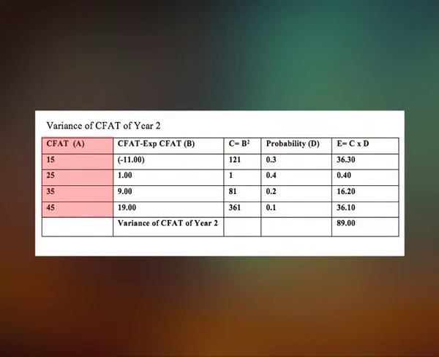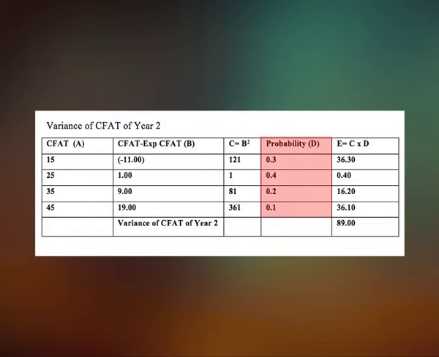Column A shows 15, 25, 35, 45. Column B has minus 11, 1, 9, 19. Column C is equal to B square, which is 121, 1, 81, 361.